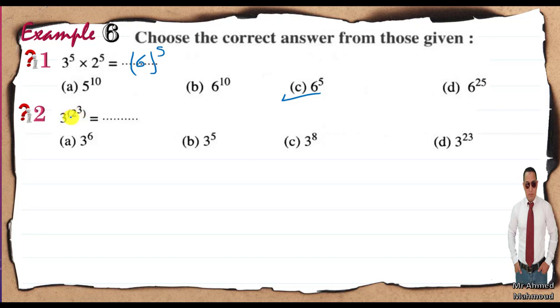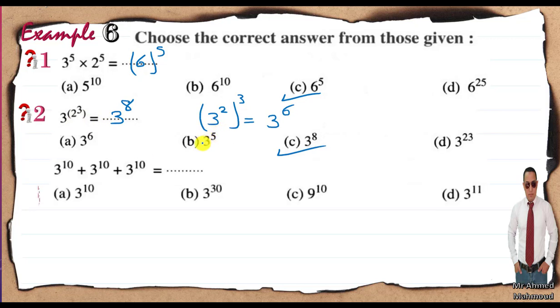So I'm going to put 3 without change, and 2 to the power of 3 equals 8, like this. But if I have 3 to the power of 2, all to the power of 3, in this case I'm going to multiply 3 times 2, it will be 3 to the power of 6. This is the difference between this case and this case.